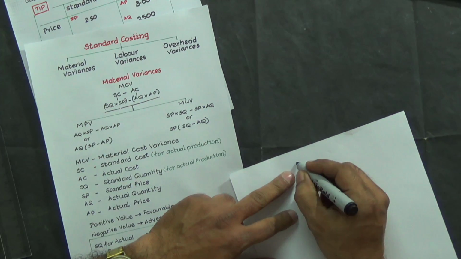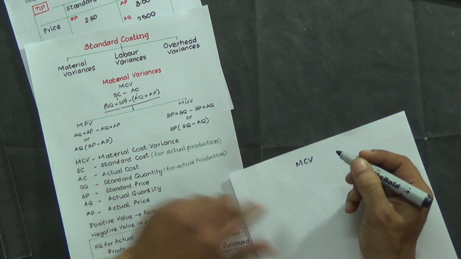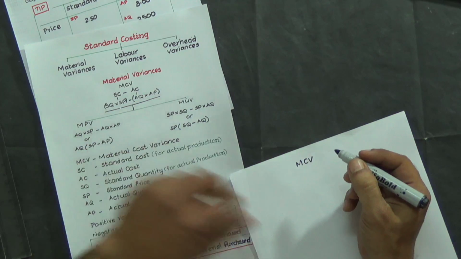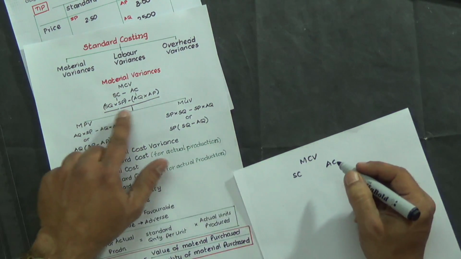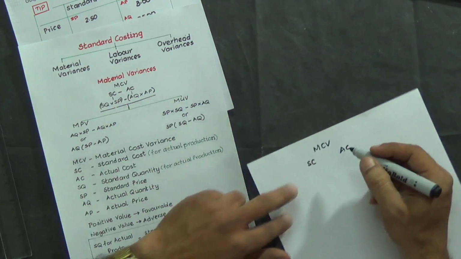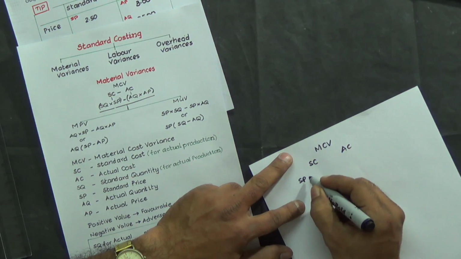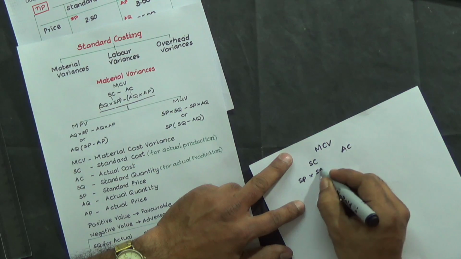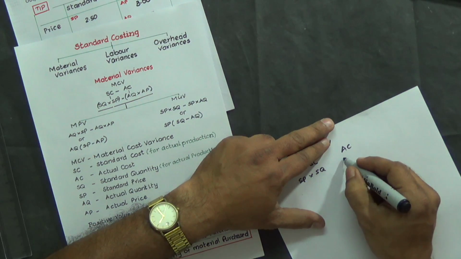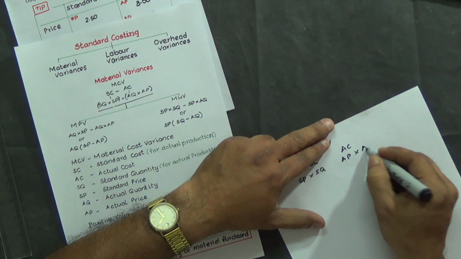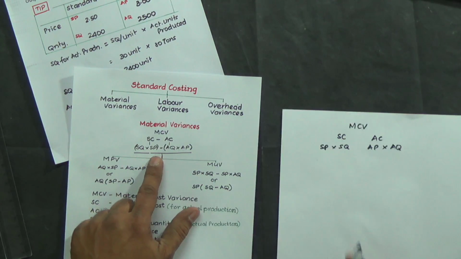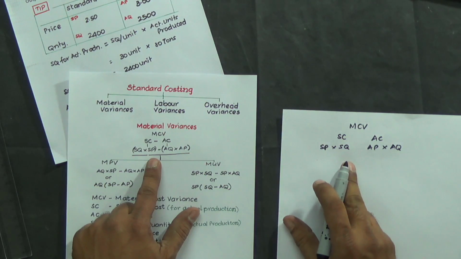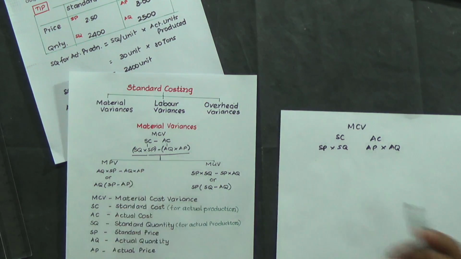Material cost variance is standard cost minus actual cost. Standard cost again is standard quantity into standard price, and actual cost is actual price into actual quantity. If I write standard price and standard quantity interchanged, it doesn't make any difference. 2 into 3 is equal to 3 into 2.